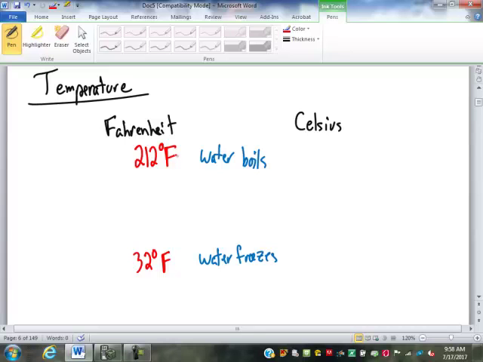Atmospheric pressure can vary. I mean, you might hear the weatherman talk about low pressure systems, high pressure systems. Atmospheric pressure can vary with those weather systems and with elevation. Like I have a friend of mine that lives in Colorado, and he's at about 6,200 feet above sea level, a little bit more than a mile above sea level. He said when he first moved out there, he had a hard time boiling eggs. Because he liked a 3.5-minute boiled egg because it was still just a little soft inside.